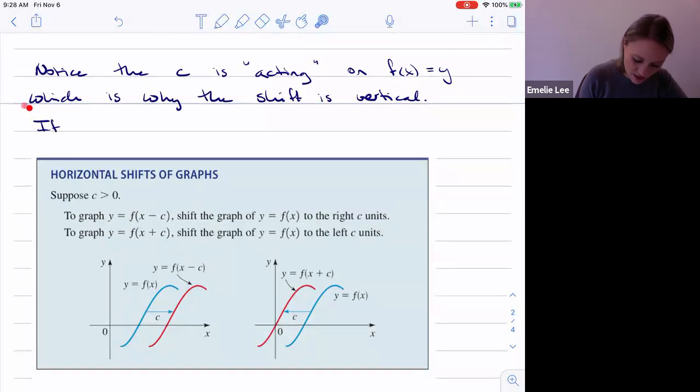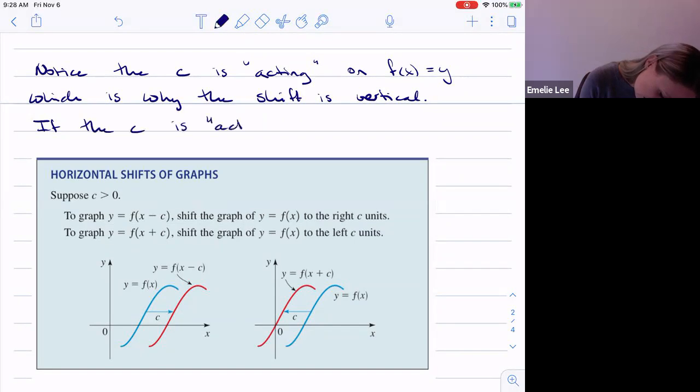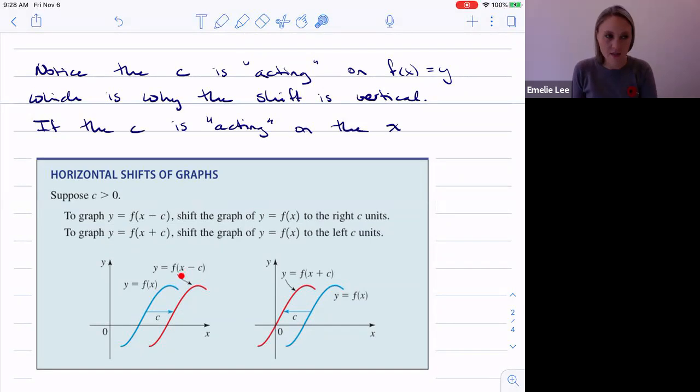Here, I'm going to squish this together, but I do have a page break here, so I'm just taking advantage of that. If the C is acting on X, right? So here, like this, F of X minus C, so then I think of it as acting on the X, then the shift is going to be horizontal.